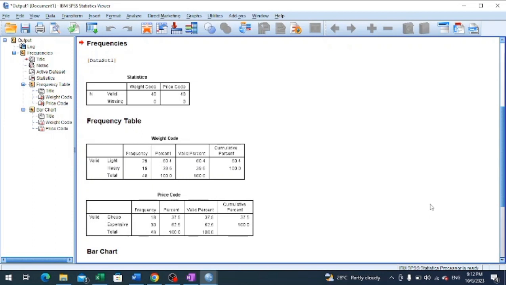Similarly, price code, cheap diamonds are 37.5%, and the representation of the entire data for the expensive diamonds is 62.5%. Over here you can take notice of one thing, that if we consider the relationship between these two variables, weight and price, we expect them to be positively linearly correlated.